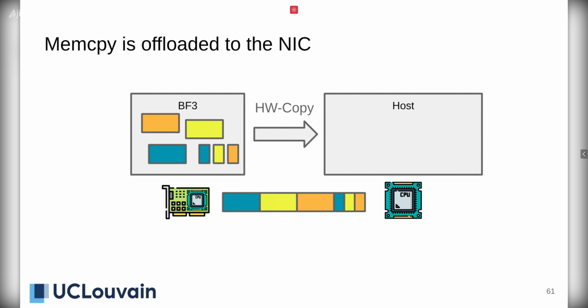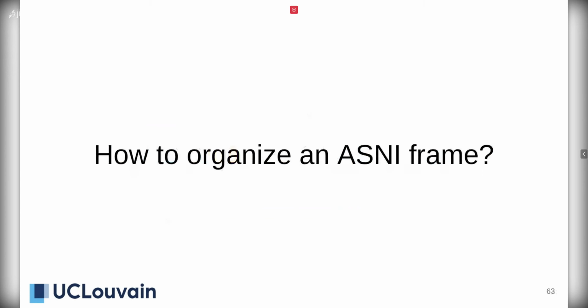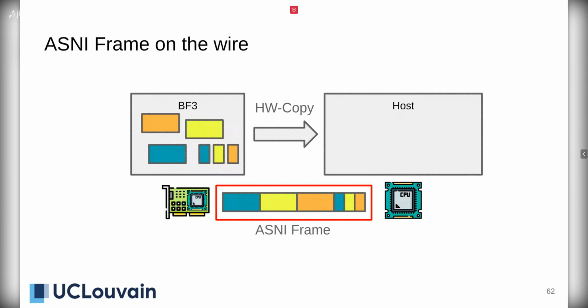This part is very efficient because the copying of all the metadata and the data itself is not done on the ARM cores themselves. It's not a software solution. It's really done on the hardware of the ASIC. So in terms of performance, we can go really high. We don't have any performance bottleneck here. Once the ASNI frame has been transmitted, the CPU can just retrieve the frame and start processing it.